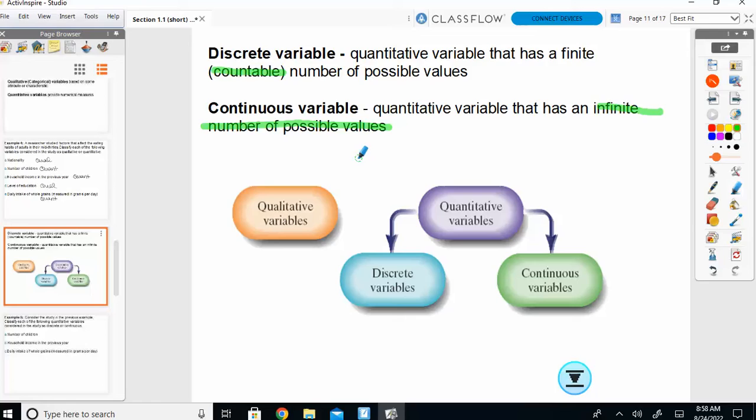So if we look back at that example we just did, example 4, we had 3 of those that were quantitative variables. So on your example 5 slide, I took those 3 quantitative variables, and we can identify if those are discrete or continuous.